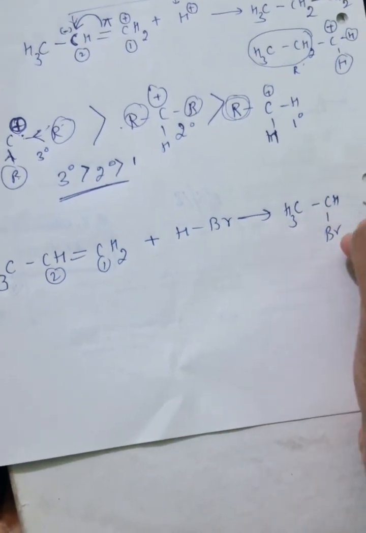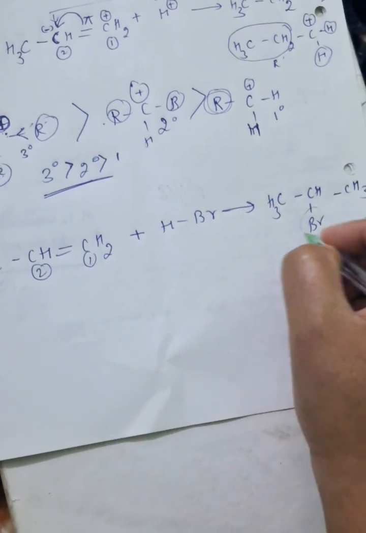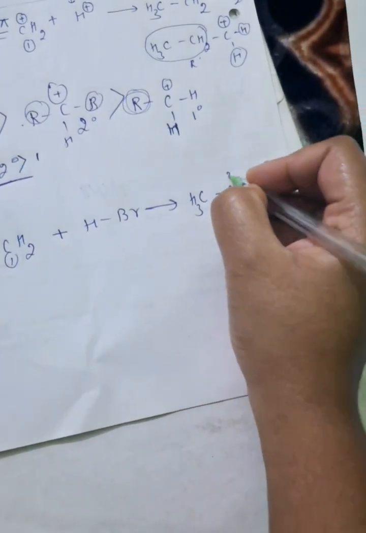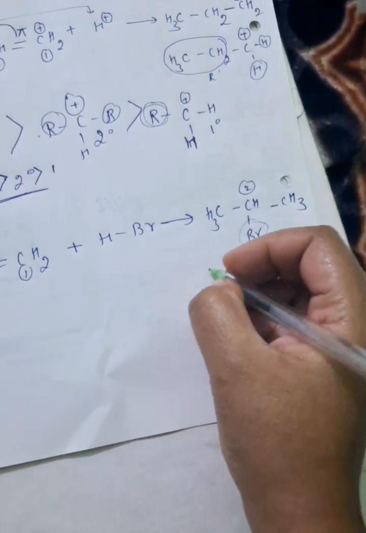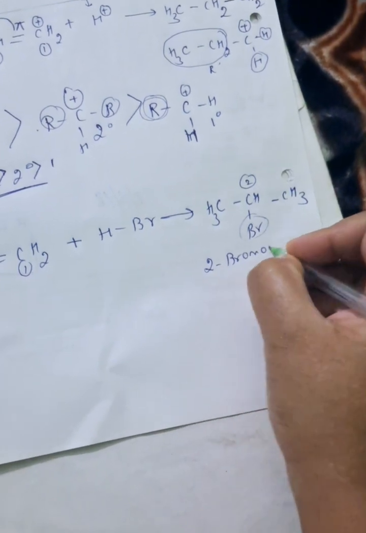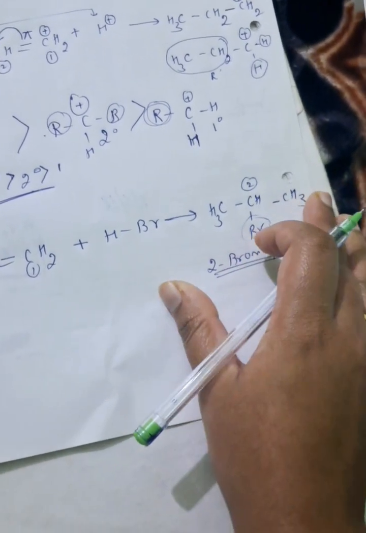That is your bromine atom, and then CH3. Okay, so here at the second position you will have a bromine attached. Since the bromine is attached at the second carbon position, the name of this compound is 2-bromopropane. This is your major product.